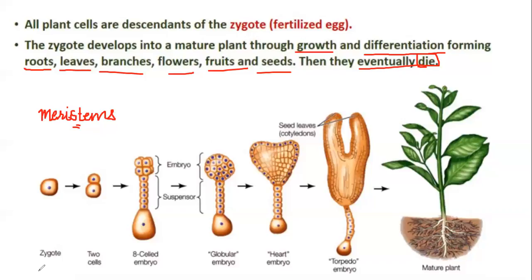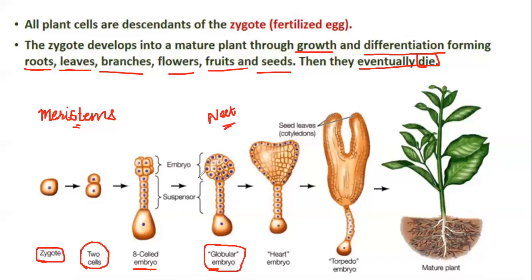Look how the zygote, the single cell, first divides into a 2-celled condition, and this changes into an 8-celled condition, and eventually into a globular embryo. This is a frequently asked question for NEET.